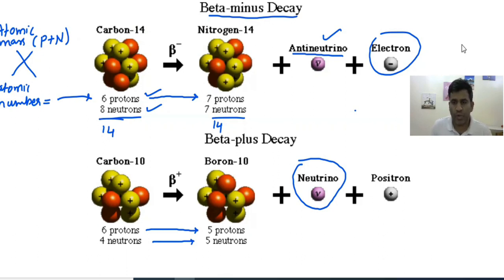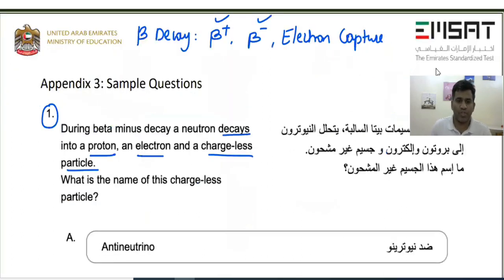The electron in the beta minus decay will also be written as beta minus, or sometimes as an electron with its nuclear number 0 and its charge -1. So they may use this notation to represent the electron. So the answer to this question is anti-neutrino. This is the chargeless particle which is emitted.